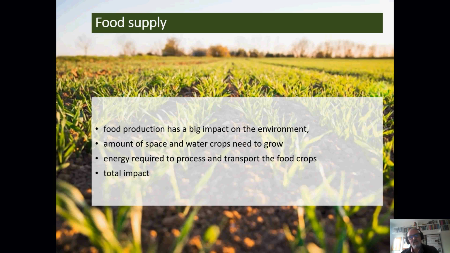So having large-scale monoculture, where you just grow one type of crop, is simply something which is needed for the number of people that are on the planet now.